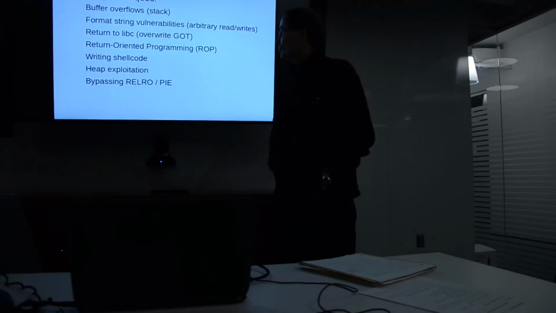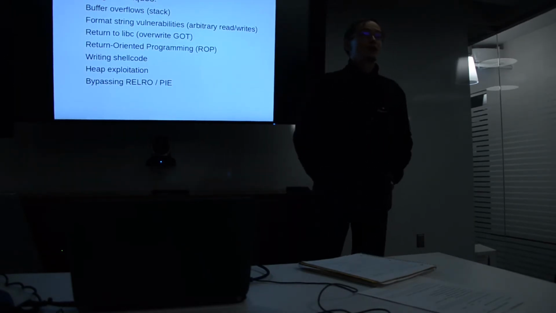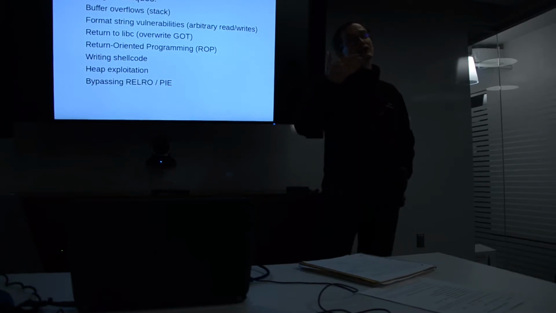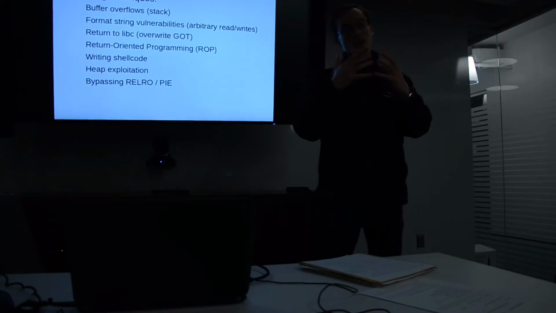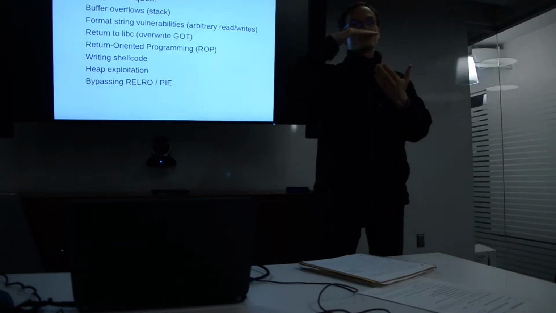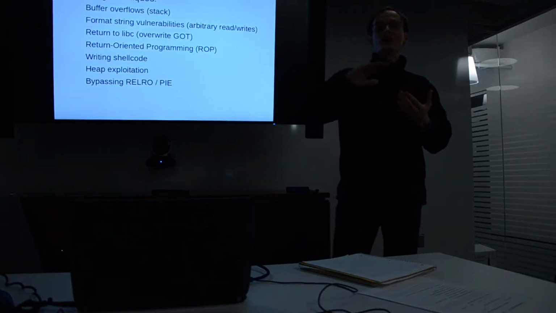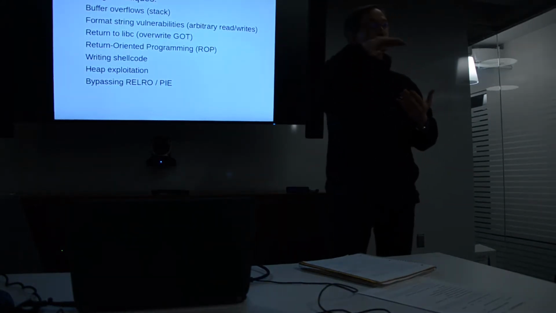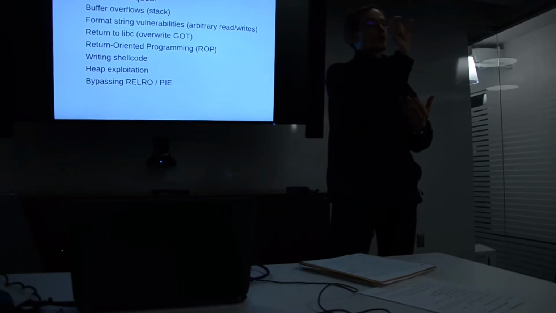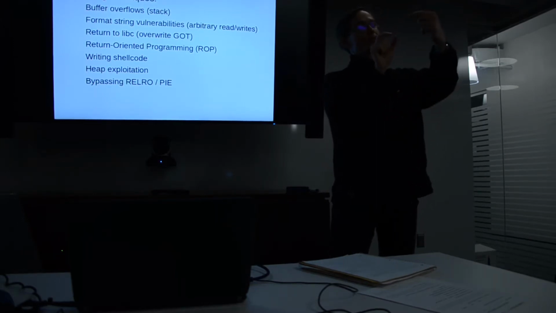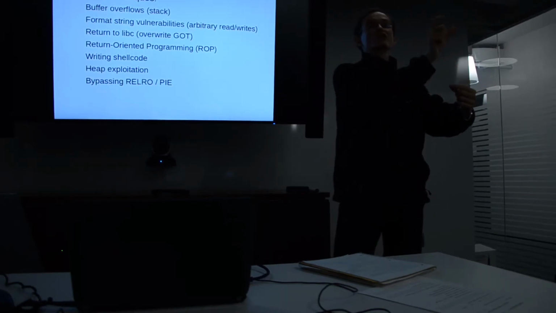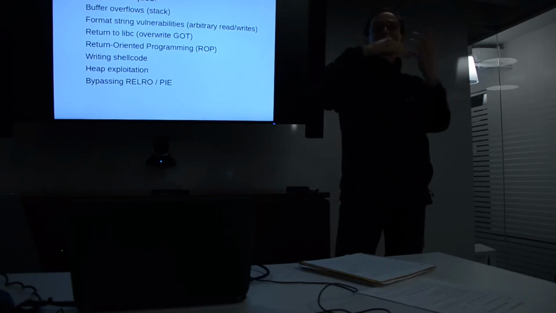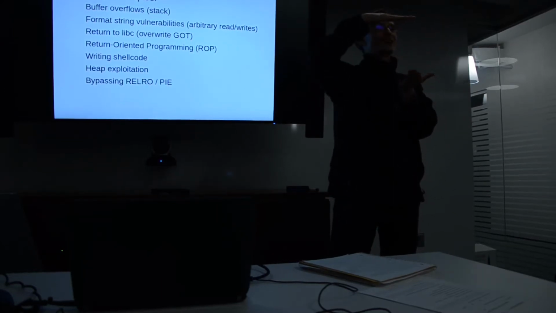Then return-oriented programming is a very important and common approach. What that means is, let's say you can't run your own shellcode. Sometimes you can still generate a shell by jumping to different sections of the running executable, executing one or two instructions and then returning again, constantly jumping to little pieces of the code, one or two instructions at a time, and stitching together your own instructions to do whatever you want.